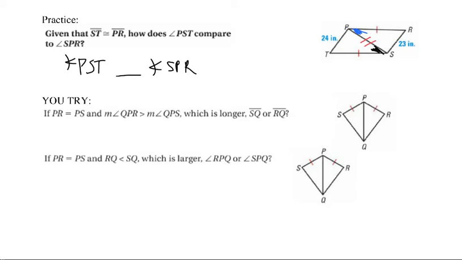How do those two angles compare? Well, we need to look at the sides across from them. Since 24 is larger than 23, my black angle, PST, is going to be the larger of the two angles. So that's the way I would write it.